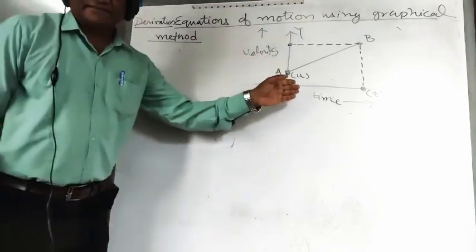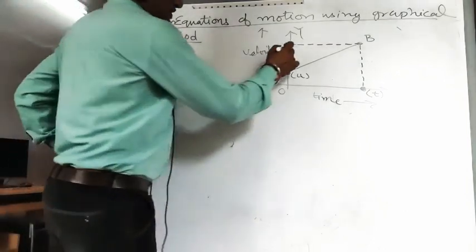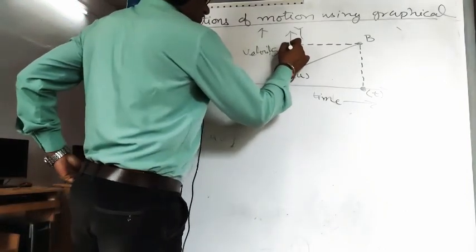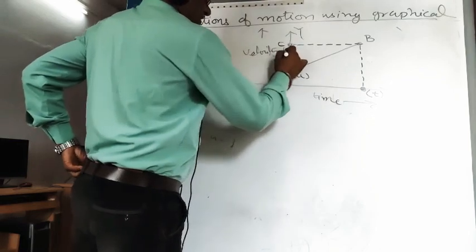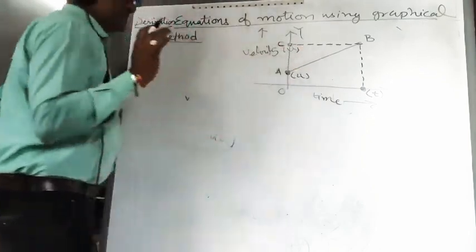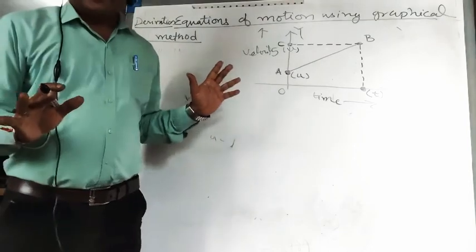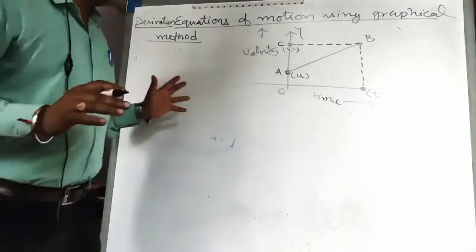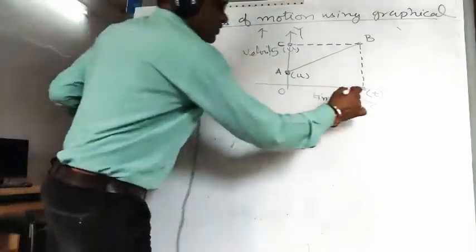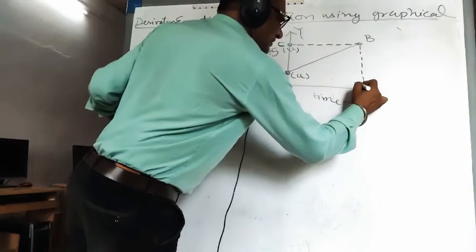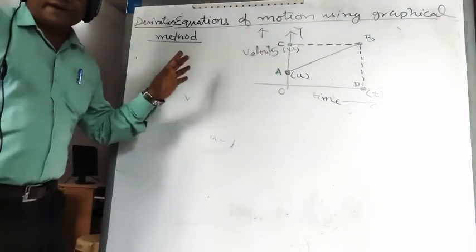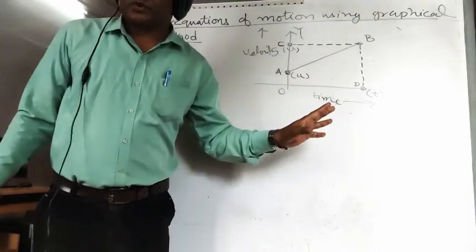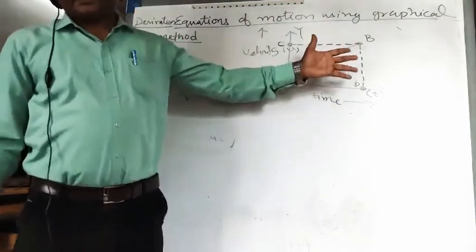Pay attention here. Now velocity corresponding to the point C, you can say this is point C, is V. I am plotting the same graph. Now can you find out the distance traveled? Let this point be represented by D. I am going to derive the second equation of motion using the graphical method.